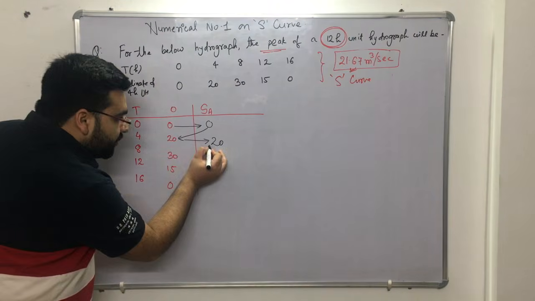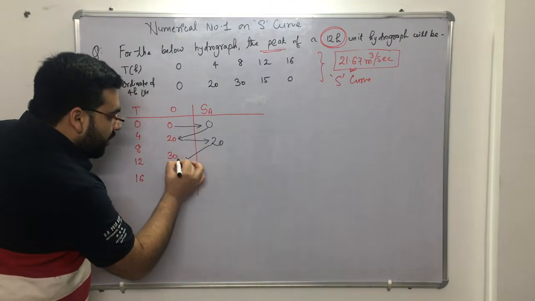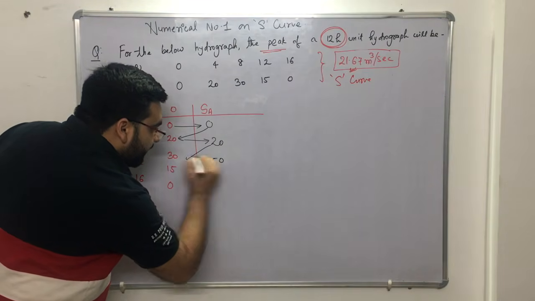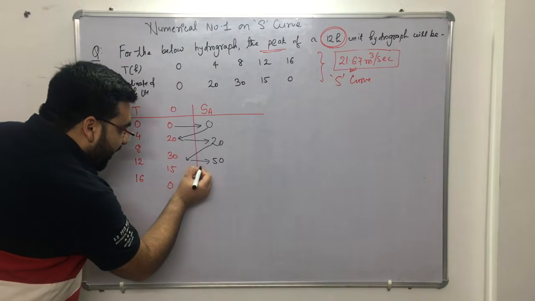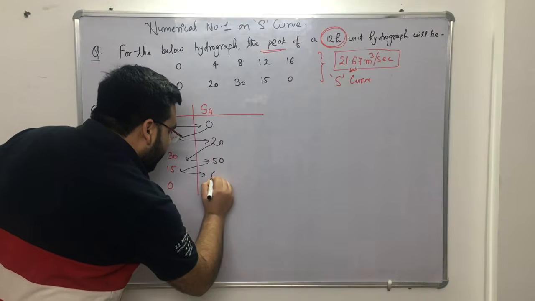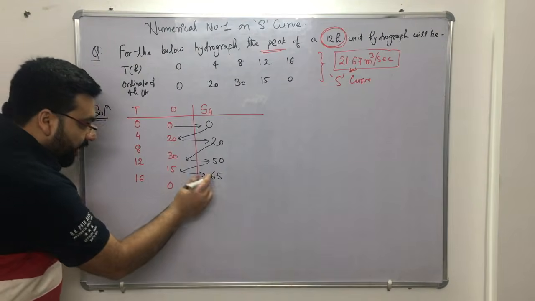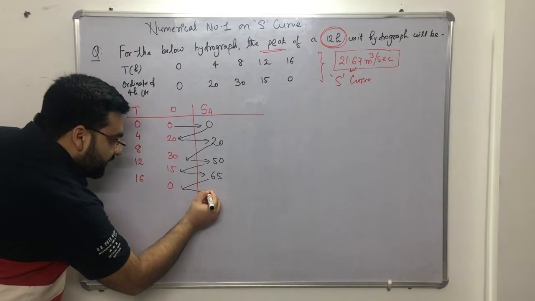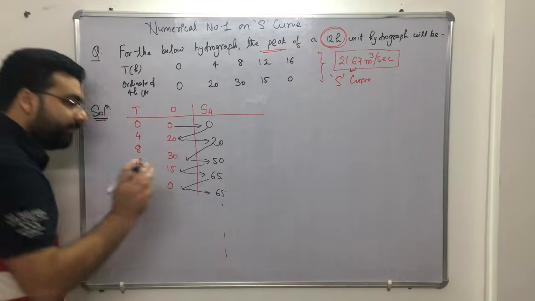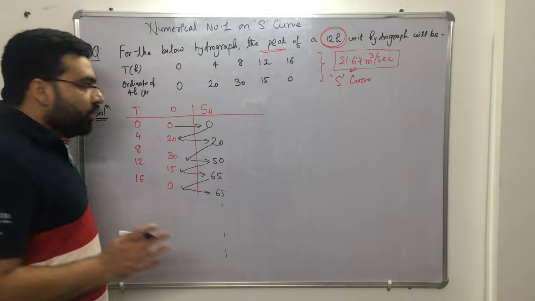Now 20 plus 30, that is 50. Now 50 plus 15 is 65. Then here also 65 plus 0 is 65, and soon you will be getting 65 only. This is step number 1 to get the S curve.